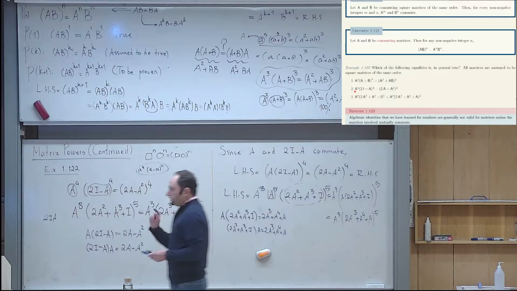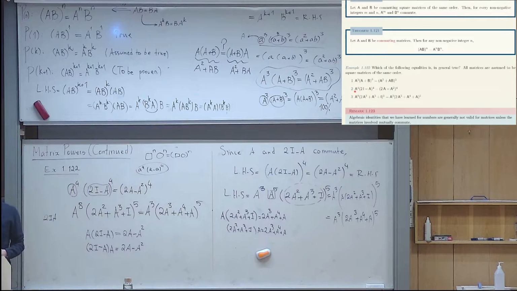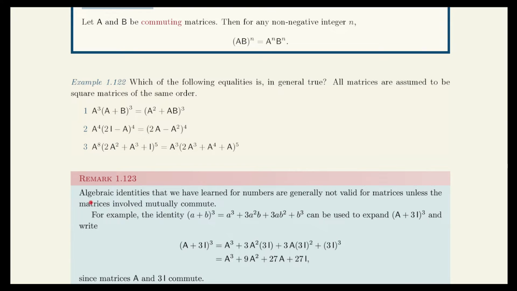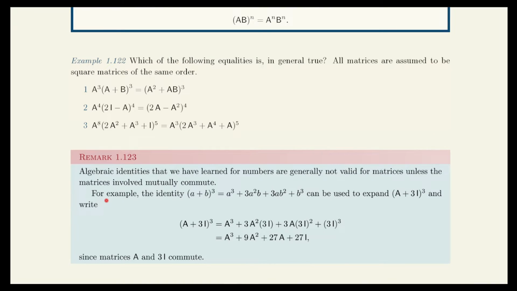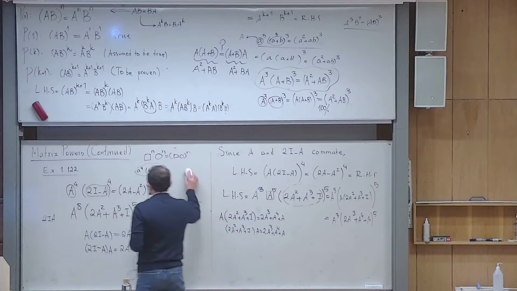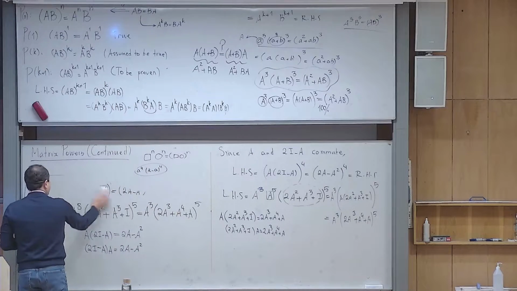Good. Let me also finalize today's lesson with this last remark. This is very important, by the way. I'm just trying to teach you, are algebraic identities also valid when it comes to matrices? Let me go back to the board here. What do I mean?